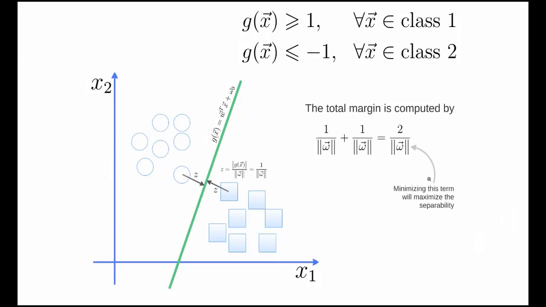And the aim is that minimizing this term will maximize the separability, which means that when we minimize this weight vector, we will have the biggest margin that will split these two classes.